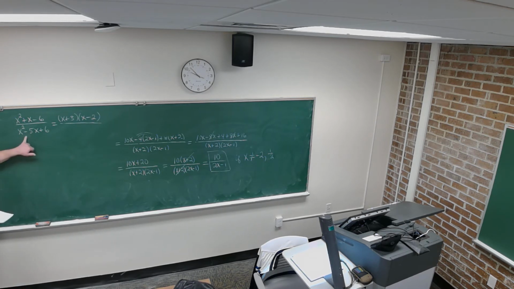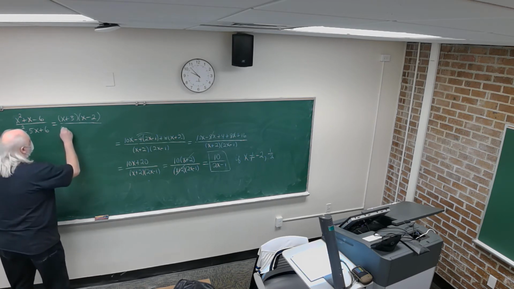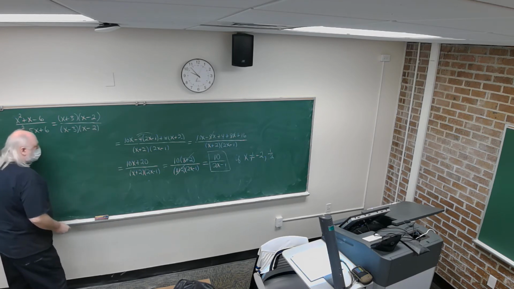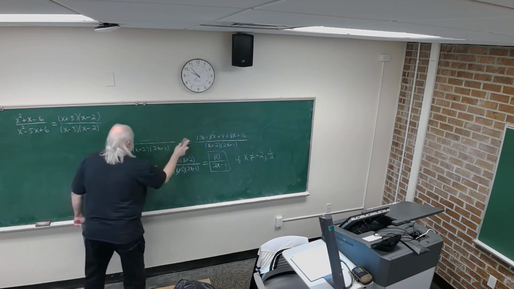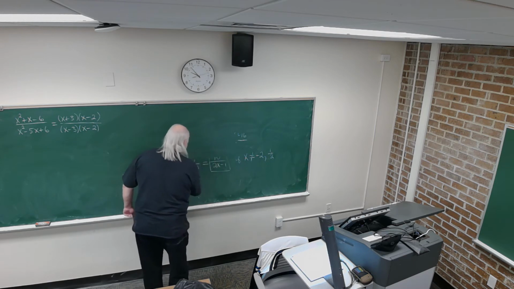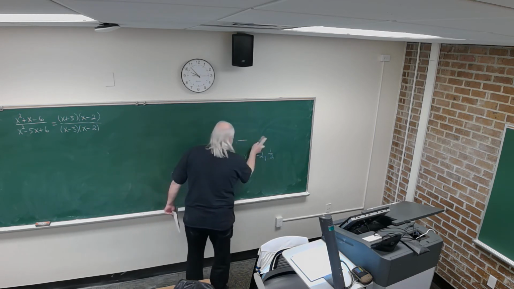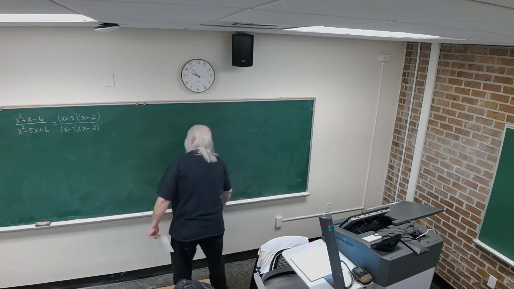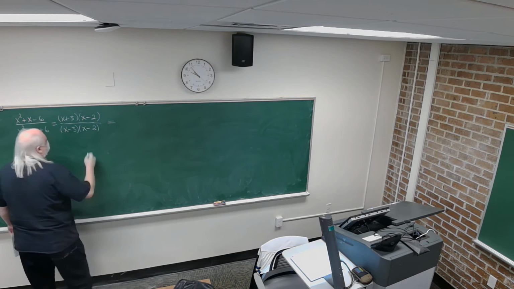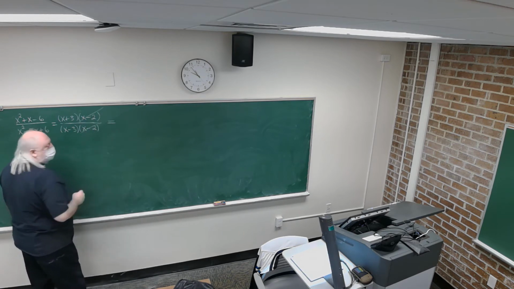What about the bottom? Say that again, please. Yeah, x minus 3 times x minus 2. So now you can see x minus 2 is a common factor in the numerator and denominator.